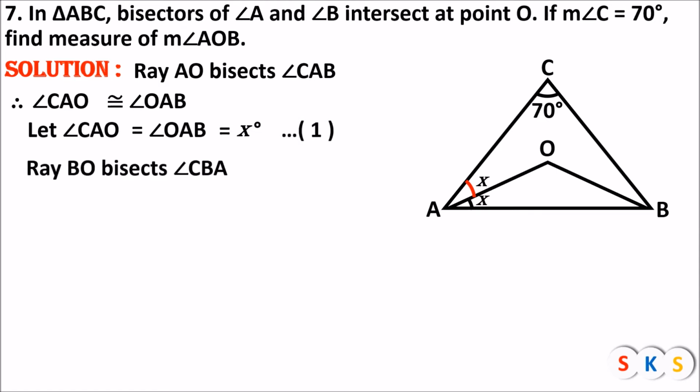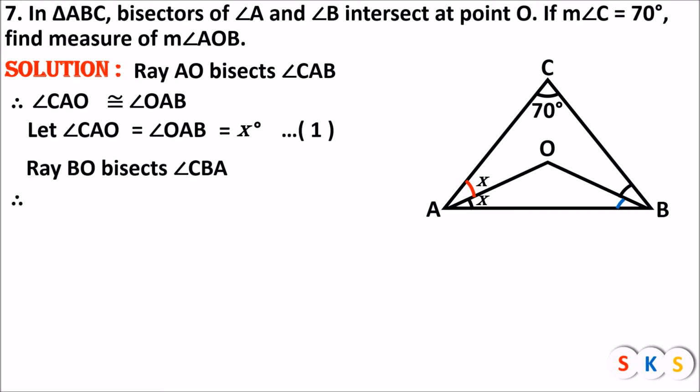Similarly, ray BO bisect angle CBA. You can look at this figure. BO is a bisector of angle CBA. Therefore, angle CBO, can you see in this figure? Angle CBO and angle OBA will be congruent.